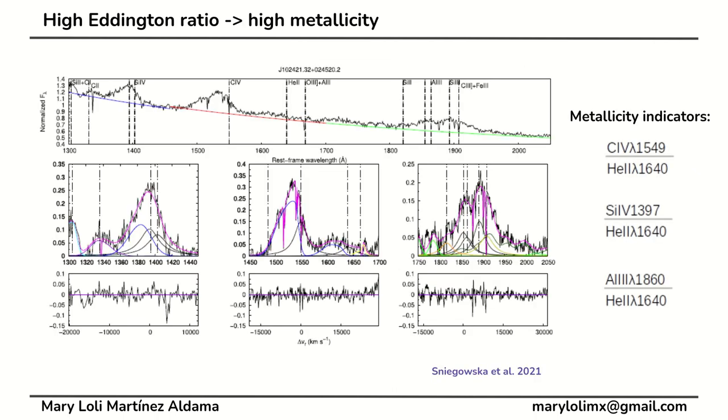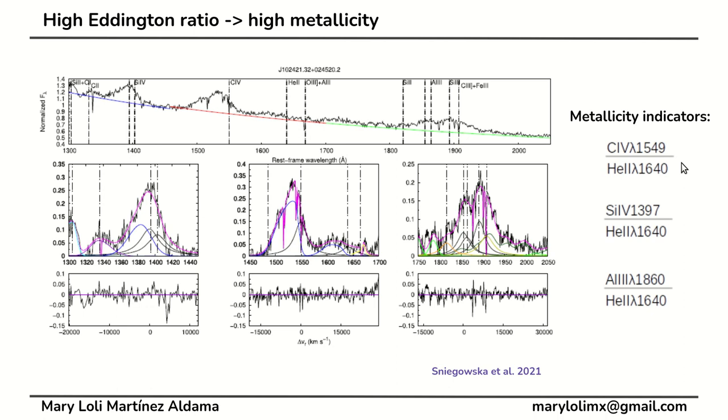Well, from our previous samples, we know that the high Eddington sources tend to show high metallicity. As I told you before, here we have different kinds of emission lines whose fluxes, if we correlate them, can help us as a metallicity indicator.